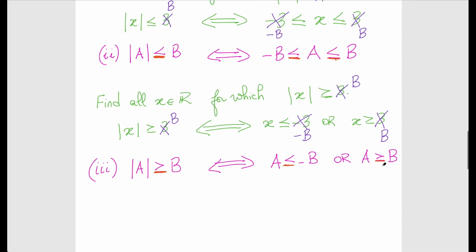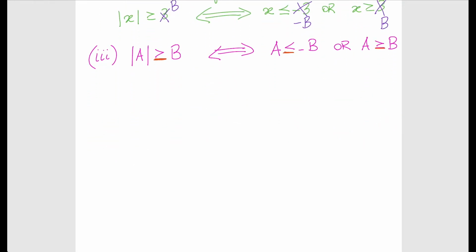Okay? So in summary, let's write all the results in one theorem. Let's call it a theorem. Let A and B be real numbers. Again, all these results should have been seen before, but now I'm making the connection, since we know what a function is now, with how these results were derived, or a way how these results were derived.